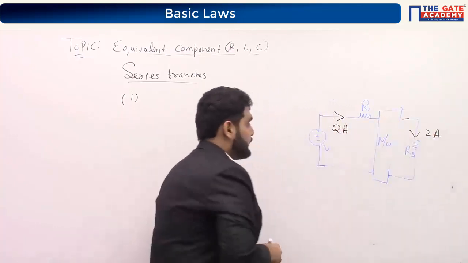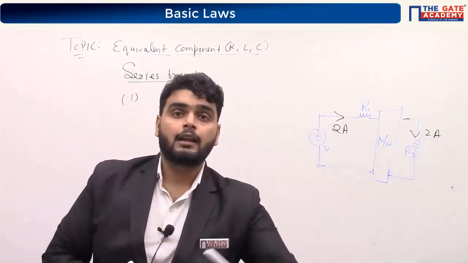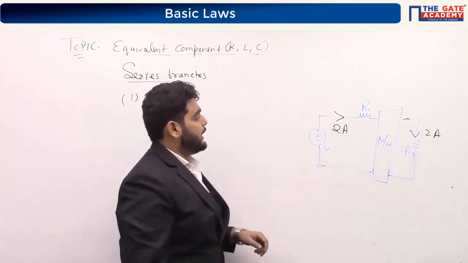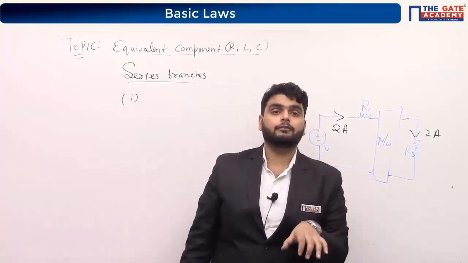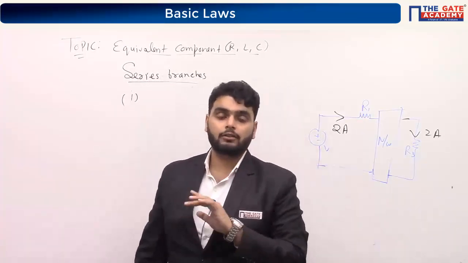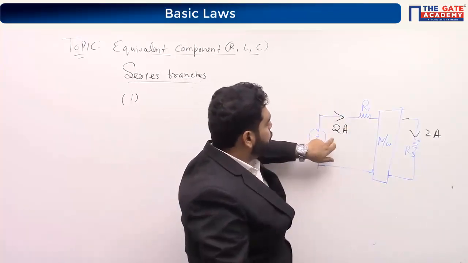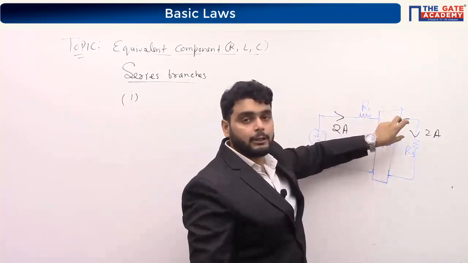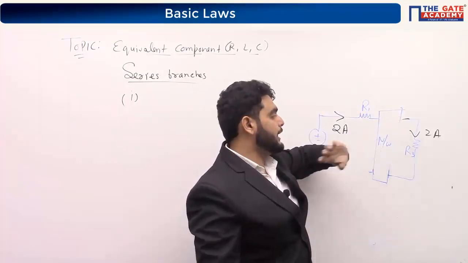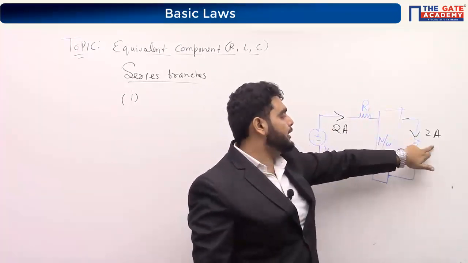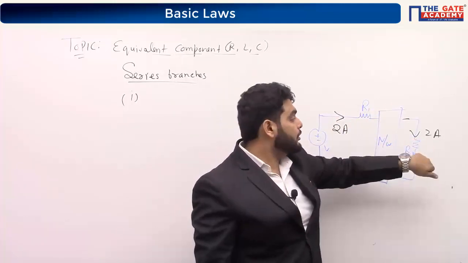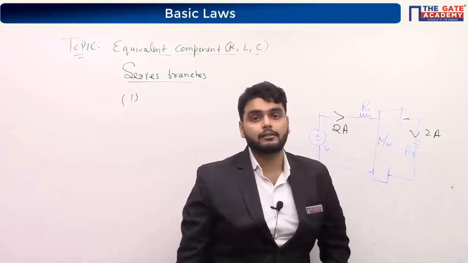According to your definition, Pooja, if the same current is flowing through two branches, they are called series. But you can see, I'm saying from R1 2 ampere is flowing, then there is a network. In a network we can have anything. Then in R3 again we have 2 ampere flowing. So can we say R1 and R3 are in series?